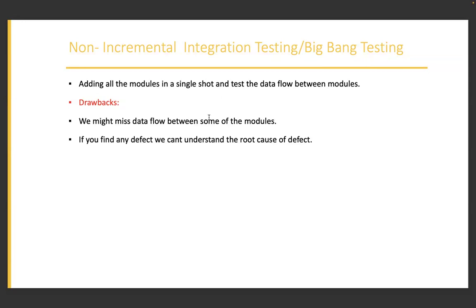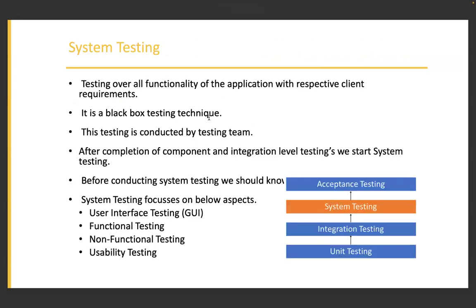The next is system testing. System testing, please remember, is very, very important, because in system testing there is segregation, guys. Here you can see that system testing focuses on 4 major aspects: UI testing, functional testing, non-functional testing, and usability testing.